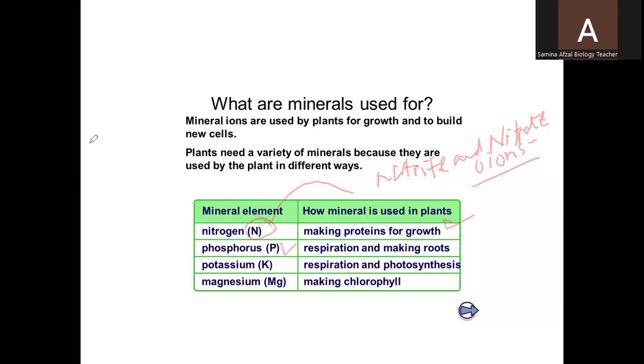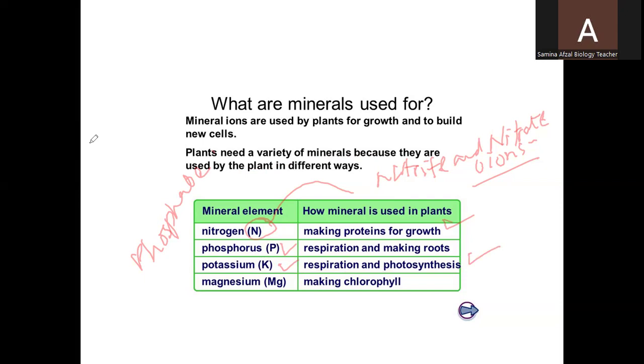Then phosphorus, they are used for respiration. Phosphorus is available in phosphate ions. So respiration and for making the different parts of fruits. And then potassium, they are needed for respiration and photosynthesis.